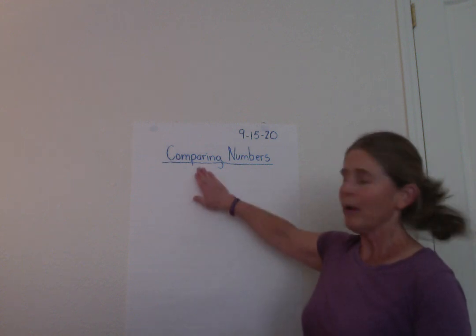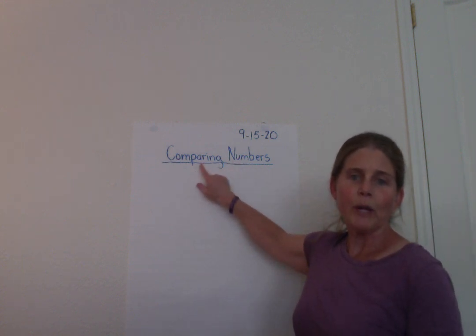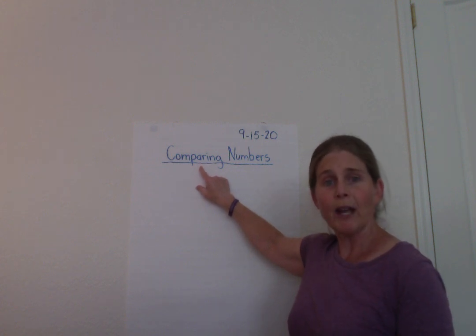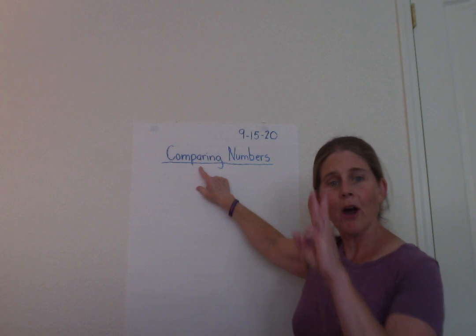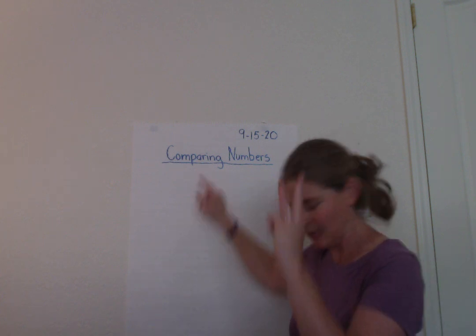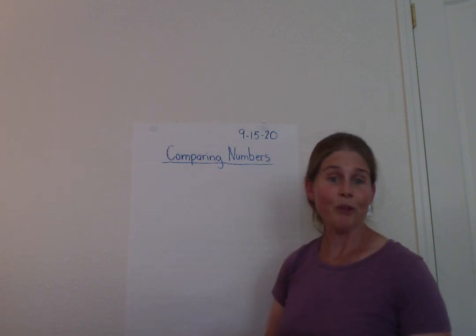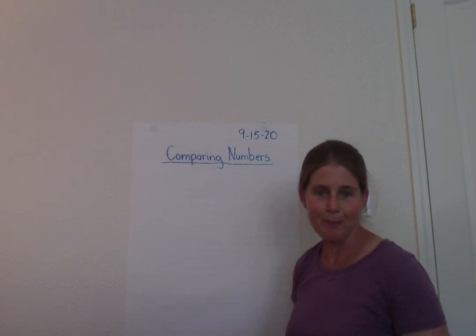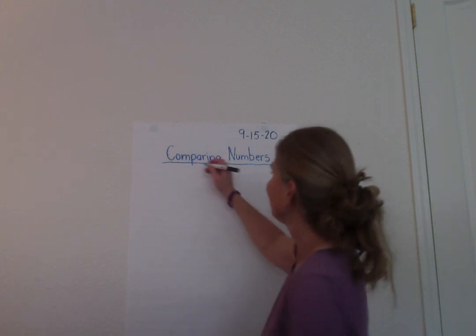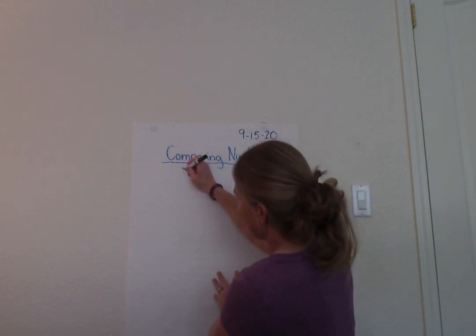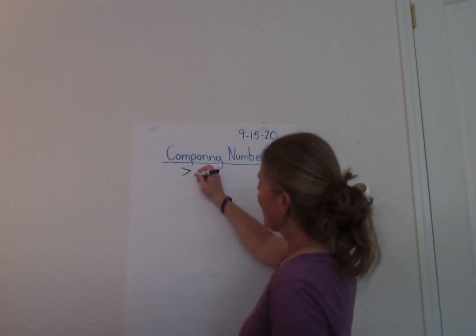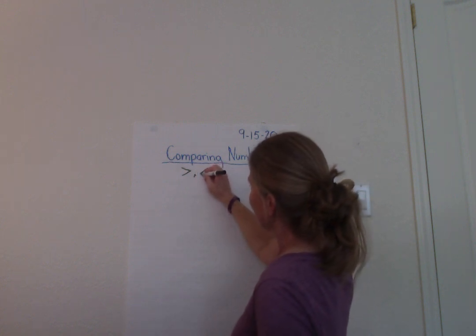All right, so comparing numbers. When we hear that word comparing, the symbols that I want you guys to remember are three. I'm going to draw them now. I hope that you're thinking about those comparing symbols right now in your mind. We have a greater than. We have a less than.